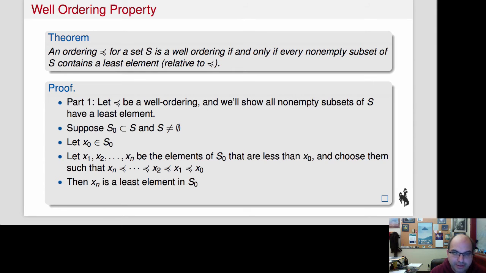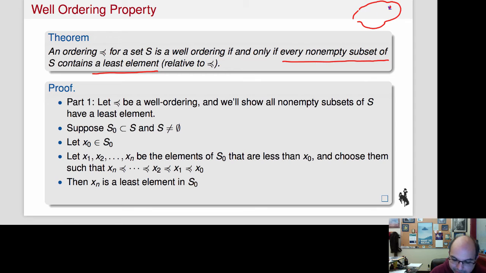Now, here's an interesting property: an ordering is a well ordering if and only if every non-empty subset contains a least element. What does that mean? Here's the set.